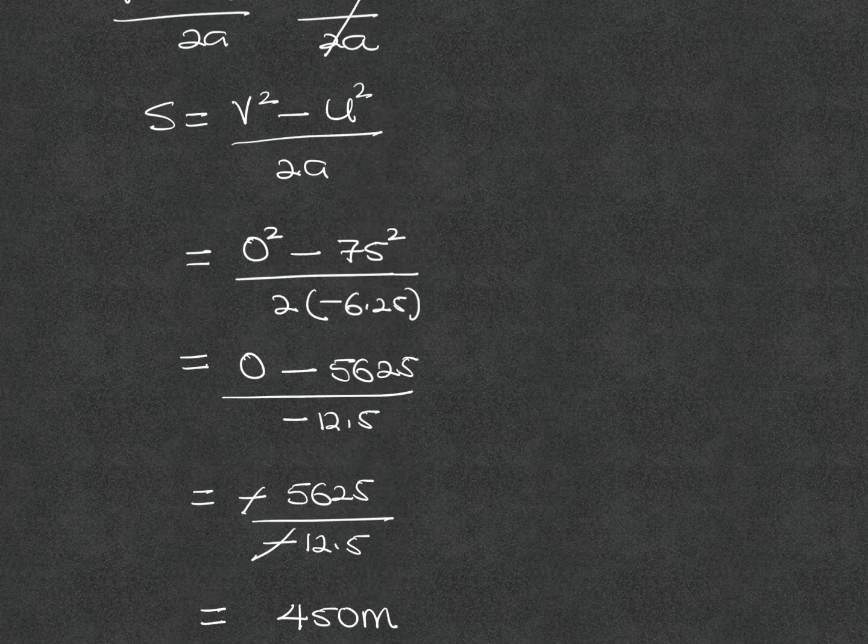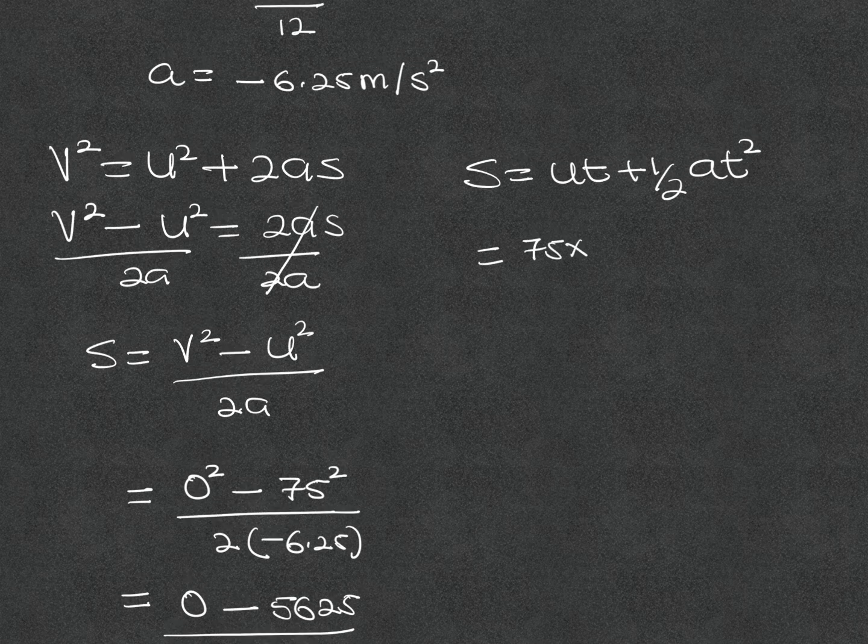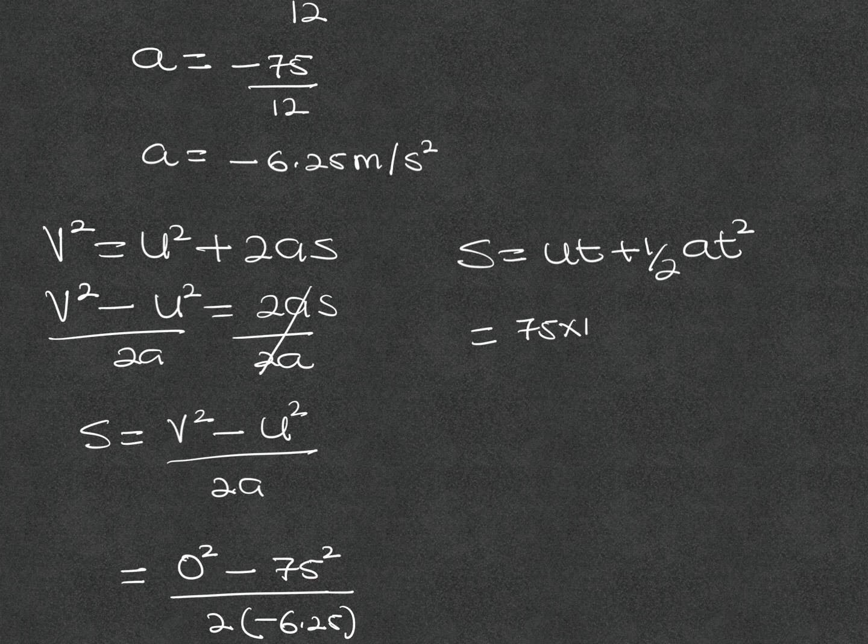Okay, so alternatively we can use s is equal to ut plus half at squared, and we are expected to have the same answer. The initial velocity is 75 multiplied by the time is 12 seconds plus half multiplied by the acceleration is minus 6.25 multiplied by the time, then square it.